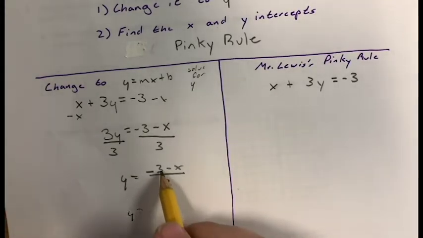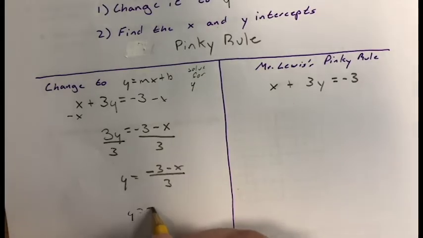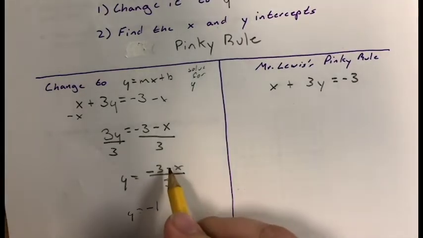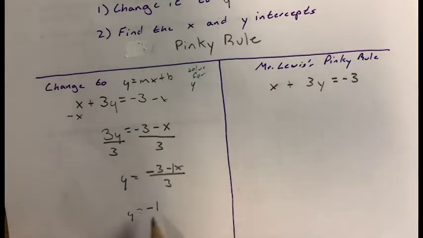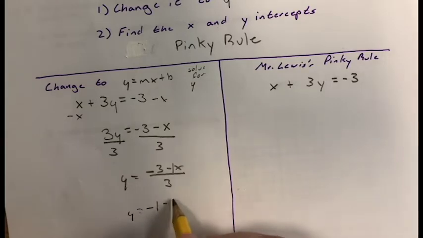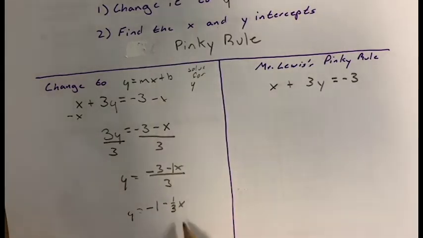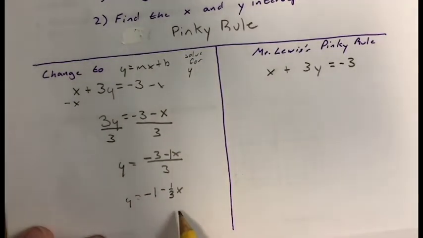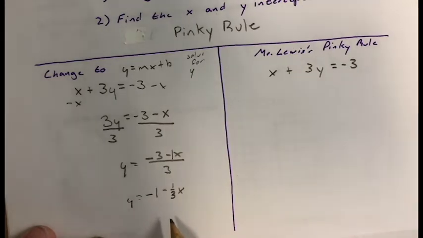Negative 3 divided by 3 gives me negative 1. Well, technically right here, this isn't just a negative x, it's a negative 1x. And negative 1 divided by 3 is negative 1/3, and that is going to be 1/3 x. Now, this looks a little bit familiar to you. You should be able to see that, hey, this looks very much like slope-intercept form, and you're exactly right.